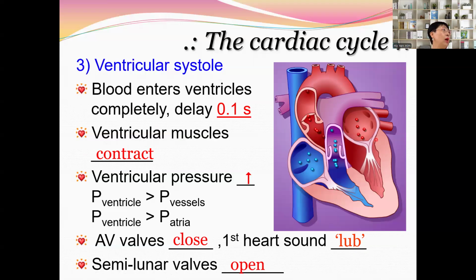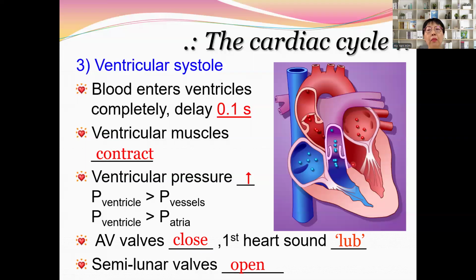Remember in my video, I explained that bicuspid will close tighter than tricuspid. Tricuspid, the spot in the middle is a weak spot. You touch it, all the three flaps are open already. Because on the left side of the heart the pressure is stronger, you need a bicuspid here. The right side of the heart, the pressure is weaker, is lower. Therefore, the tricuspid will still remain closed even though the pressure is high.